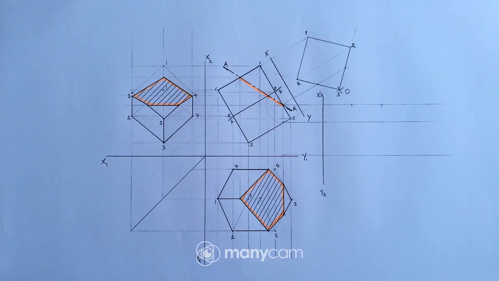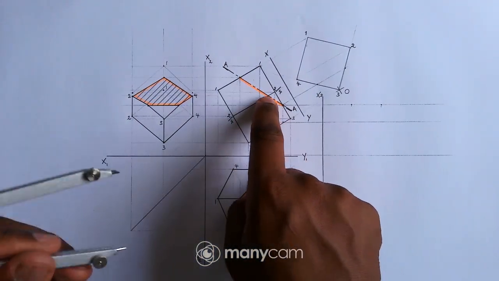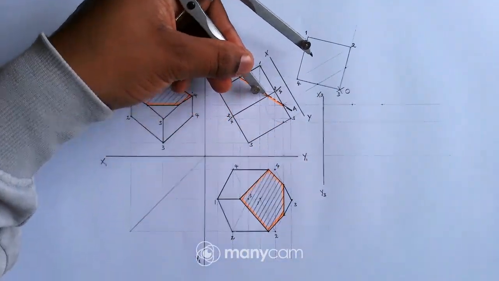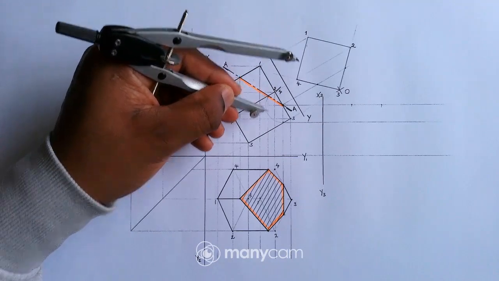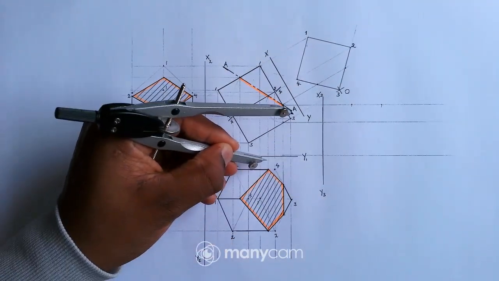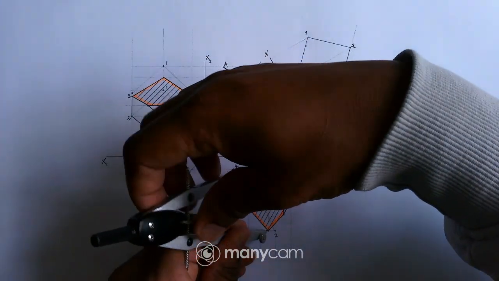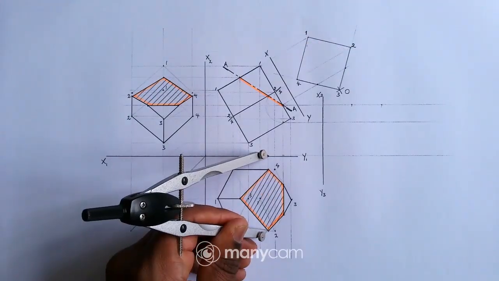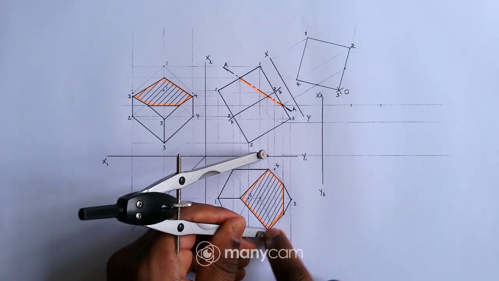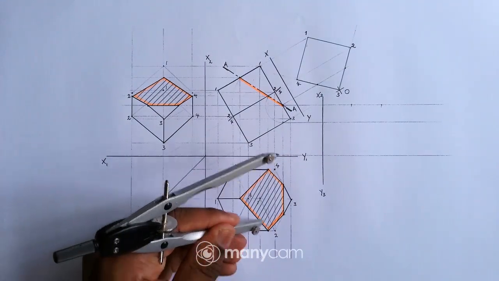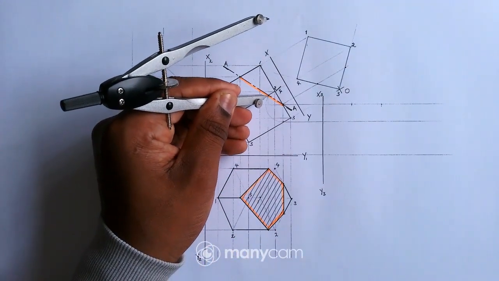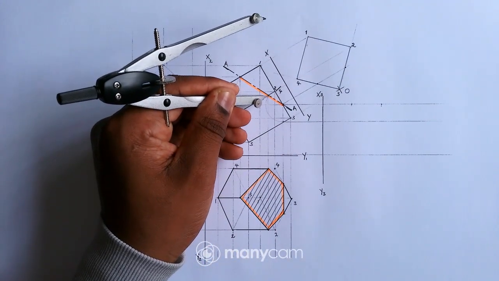Okay, and then now I move to the second point from the cutting plane. So from here we have 2 points as well. I'll do the same thing. I'll start with this point here. I'll open my compass to the XY line. So from this point to the XY line, then now I'll use this line which is here right now.